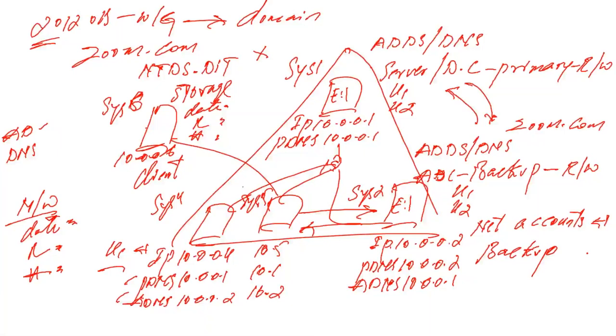Then write down the next, third verification. In DC, open the ADUC console and create some user accounts, user 1 and user 2. We already know how to create user accounts, and today create the accounts with passwords. Okay.